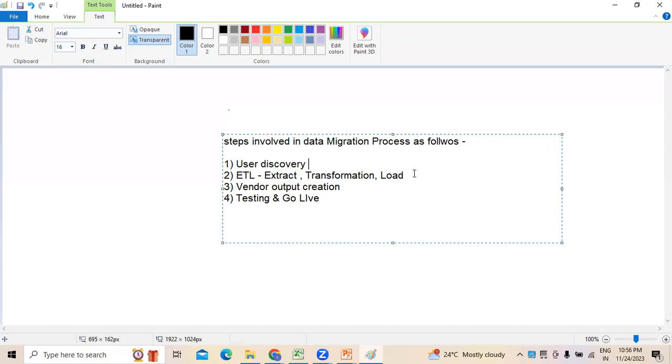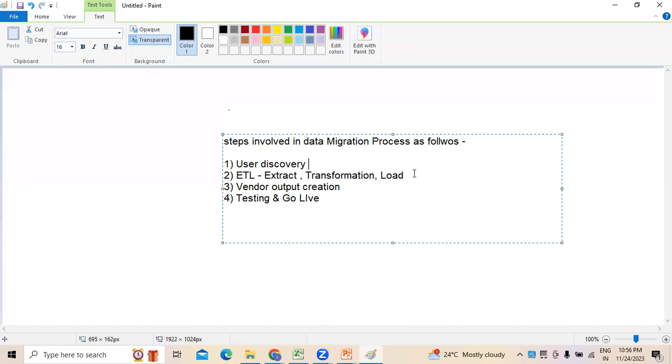If someone is asking you in reference to the data migration process as a business analyst, this is what generally has to be explained.